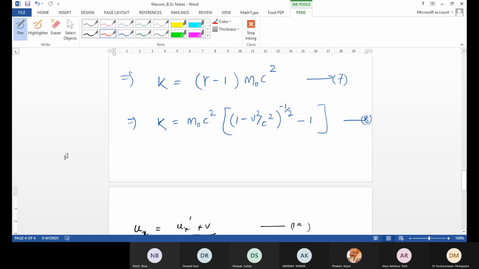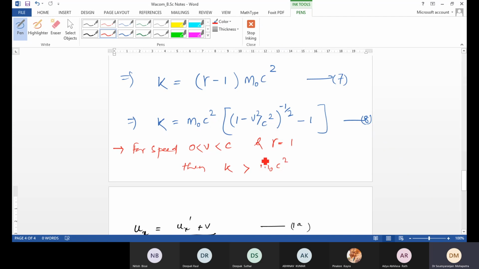Okay, so we will use the conditions. Now the first condition is, for speed v less than c and greater than 0, then K is greater than m naught c square.